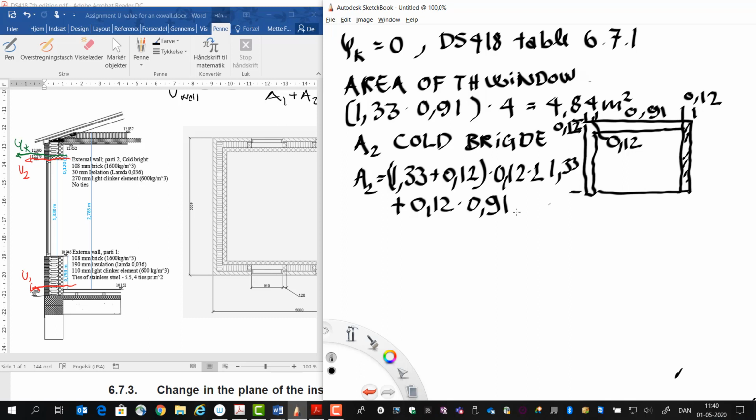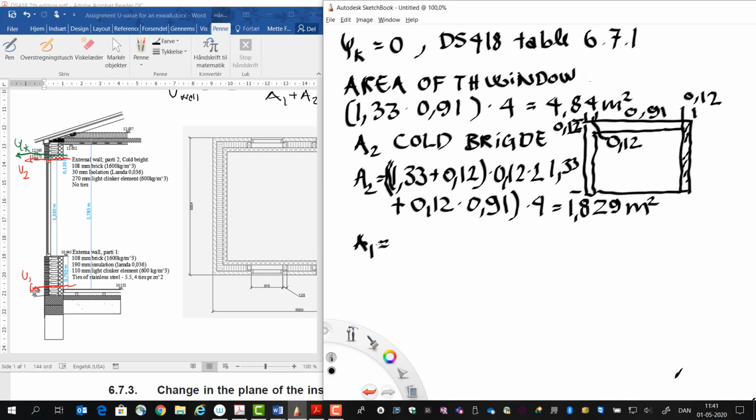And then we have 4 of those, so we times it by 4. And that gives us a core bridge area of 1.829 square meters.